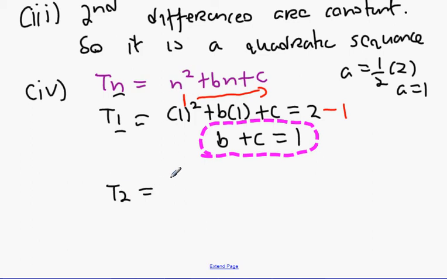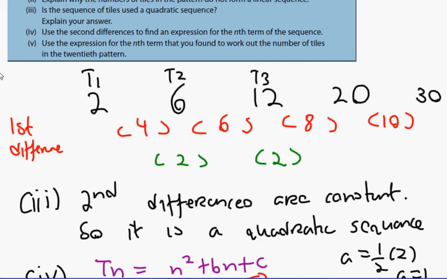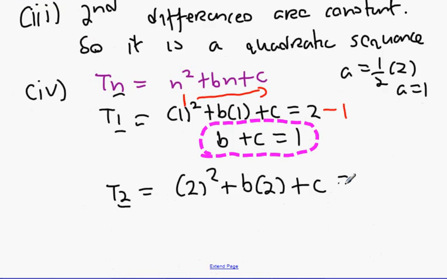T2 is, n is now 2. We get 2 squared plus B times 2 plus C, and all of this has to equal the number 6. 4 plus 2B plus C equals 6.